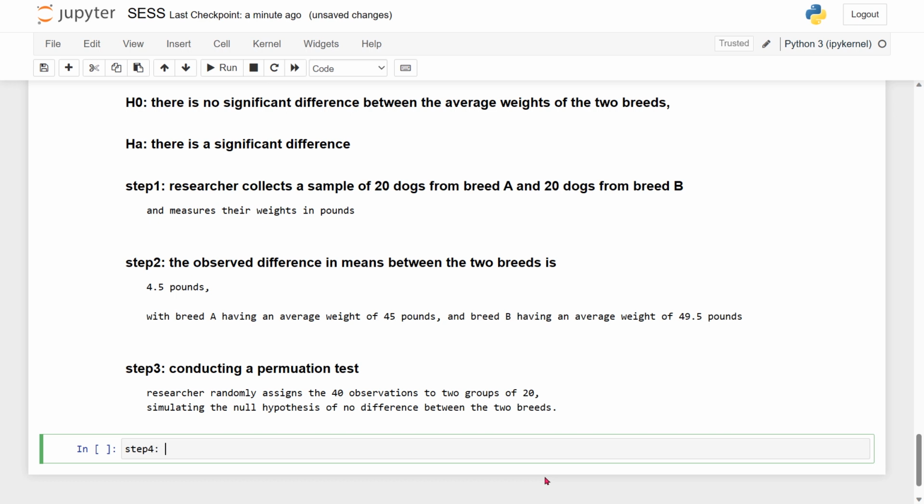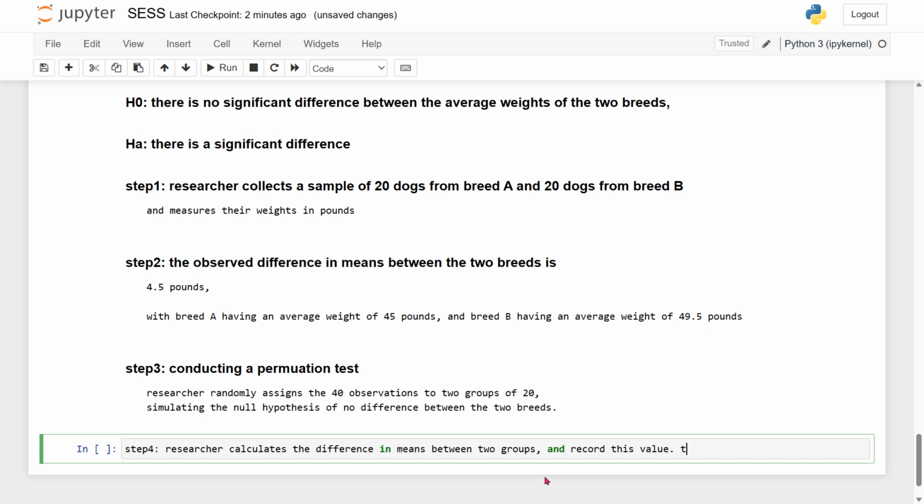Then step 4. The researcher calculates the difference in means between the two groups and records this value.